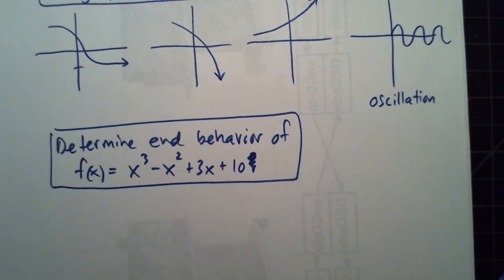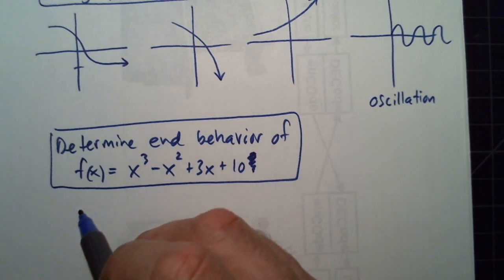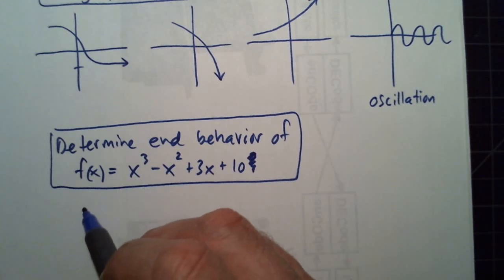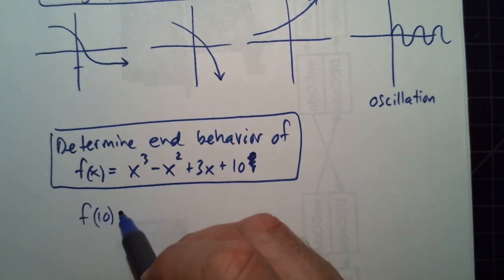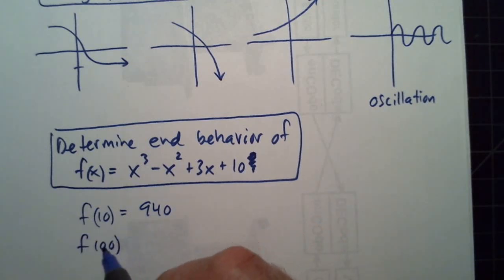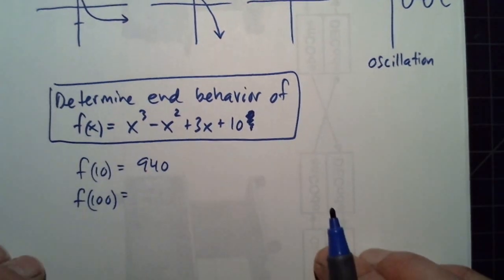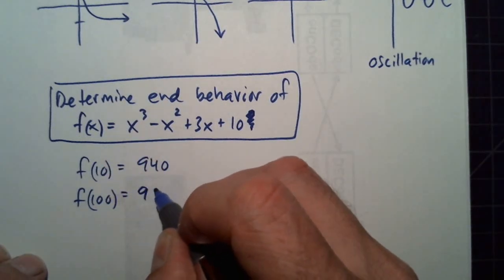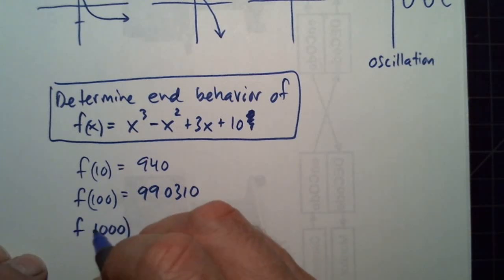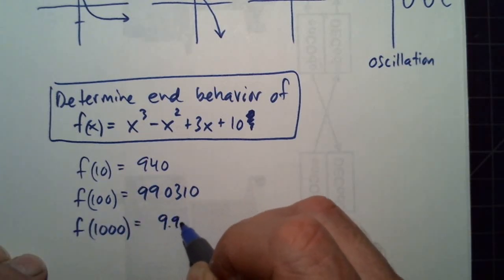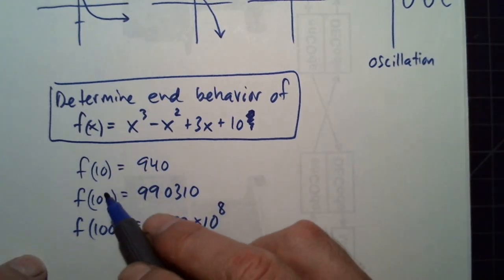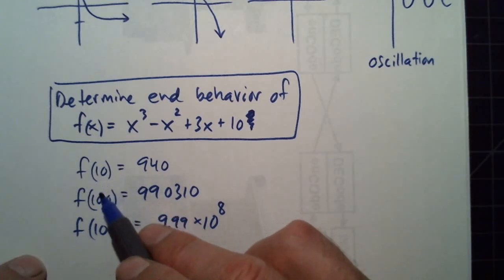Okay, so the end behavior, if we think of what's happening far to the right, we can just look at f of 10 is 940, f of 100. So we look at what's happening as we go far to the right in x values.